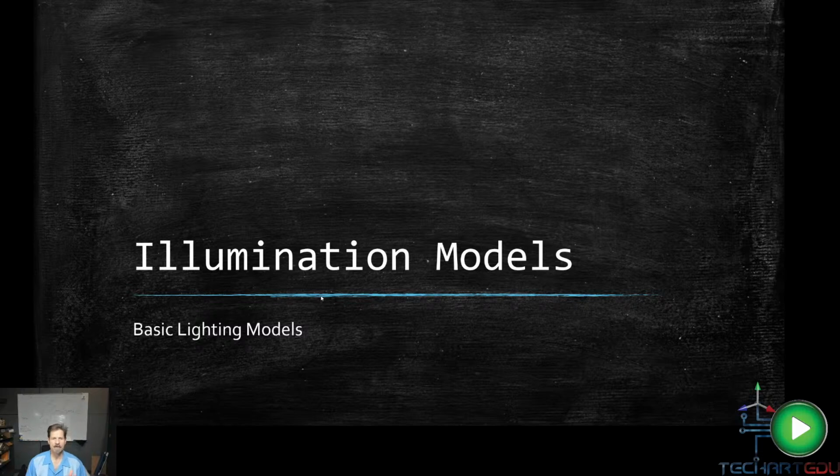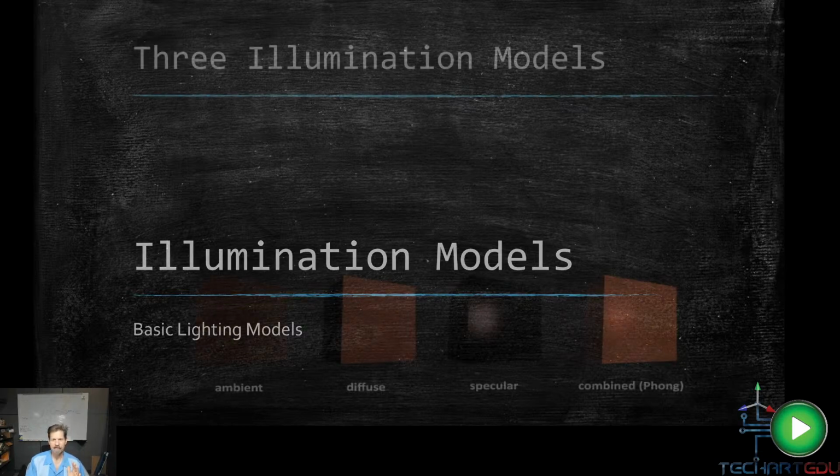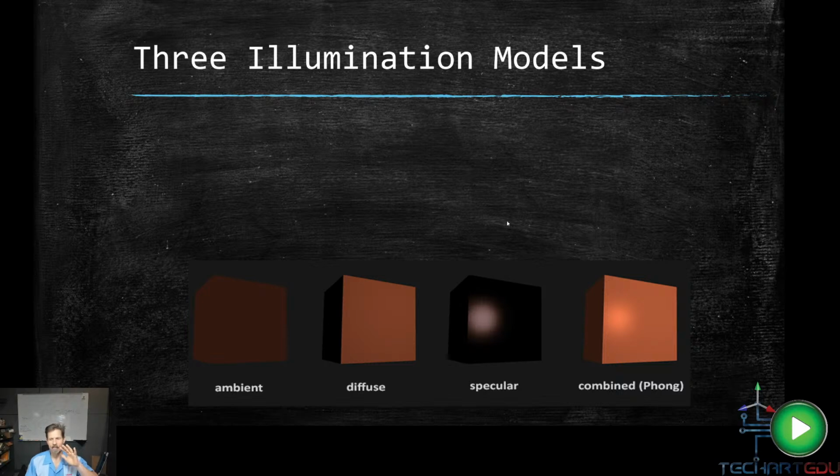All right, now we are going to talk about illumination models. This is the very basics of lighting. This is where shading really starts to get exciting, gang. Here's the Cliff Notes version. When you're talking about lighting, we're talking about 3 illumination components: the ambient, the diffuse, and the specular.